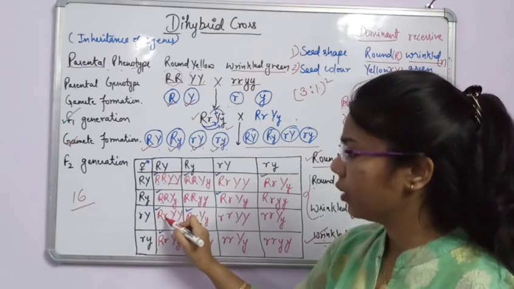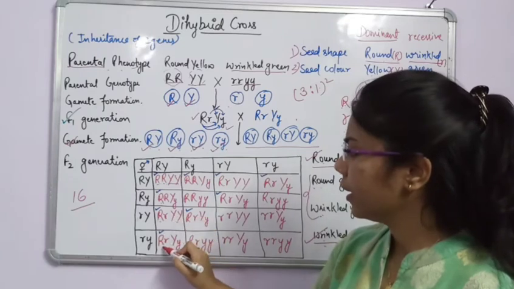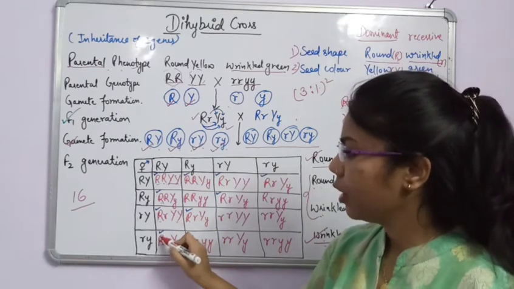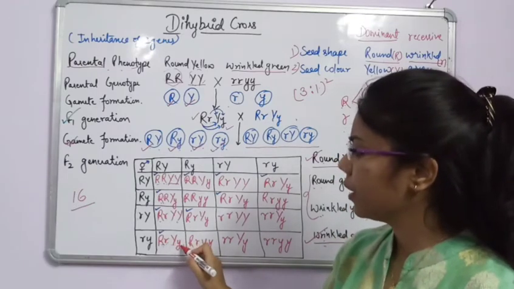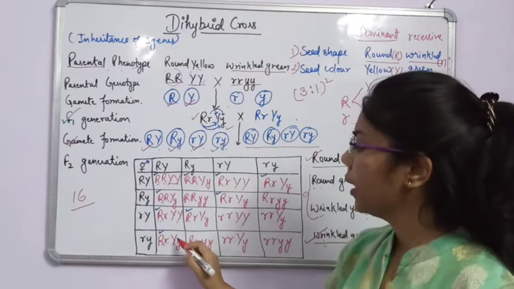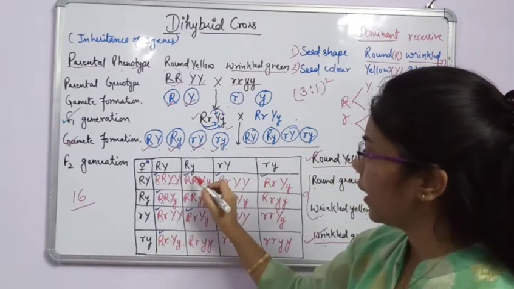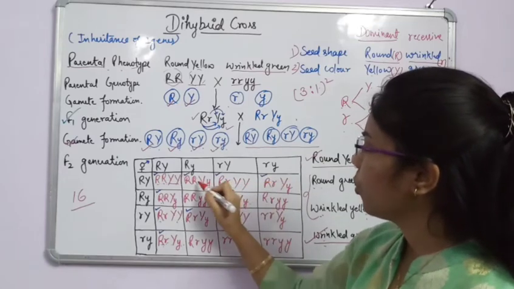Because in this small r and capital R, which one is dominant? Capital R. If you see this capital Y and small y, which one is dominant? Capital Y. So all these which I have marked with blue marker, it is showing round yellow.